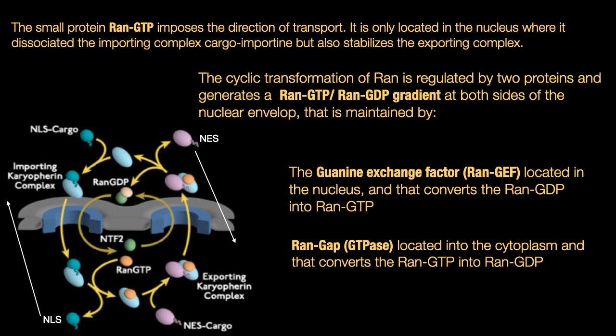All right, so GTP has been converted into GDP. The exportin returns to the nucleus, but Ran-GDP has to bind to NTF2 to go back to the nucleus. Once there, Ran-GEF converts the Ran-GDP into GTP again, and it can be used in a new exportation.